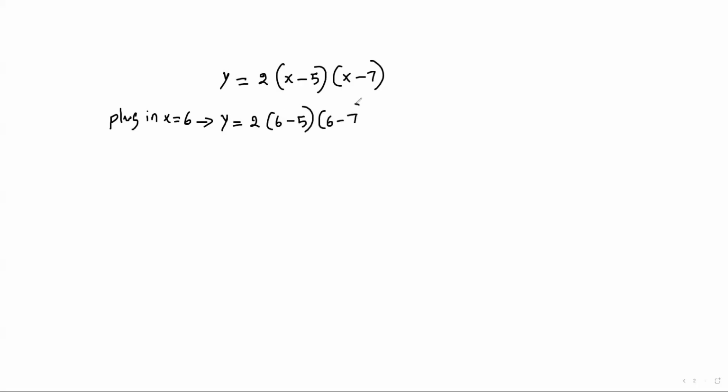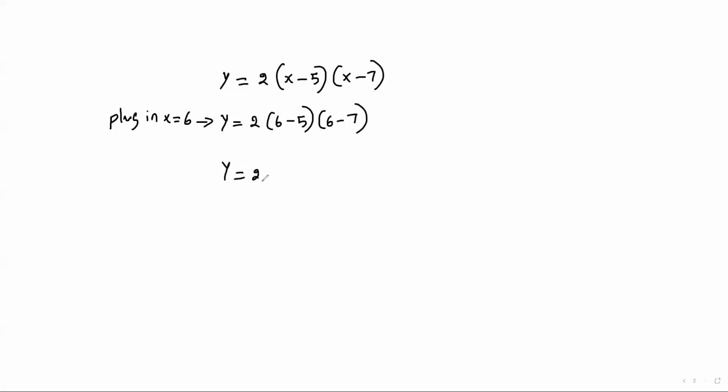So y is equal to 2 times (x minus 5) times (x minus 7). This is the given quadratic function. To get the y-coordinate, I have to plug in x is equal to 6. So we get 2 times (6 minus 5) times (6 minus 7).